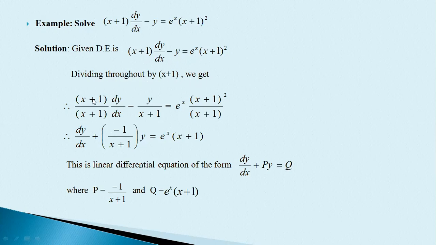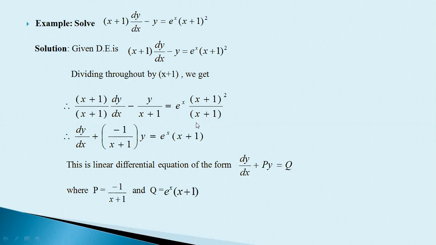Then we get here x plus 1 upon x plus 1 dy by dx minus y upon x plus 1 is equal to e raised to x into x plus 1 bracket square upon x plus 1. Then simplify the terms. We get here x plus 1 gets cancelled, that is dy by dx, plus write the second term in bracket as minus 1 upon x plus 1 into y, is equal to e raised to x into x plus 1 bracket square upon x plus 1.